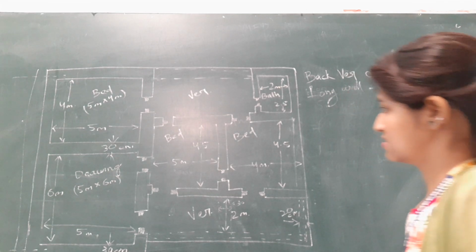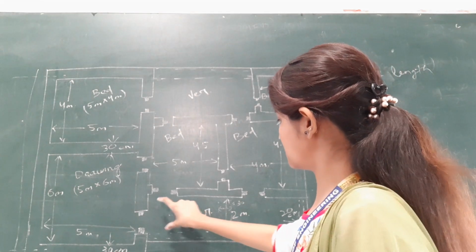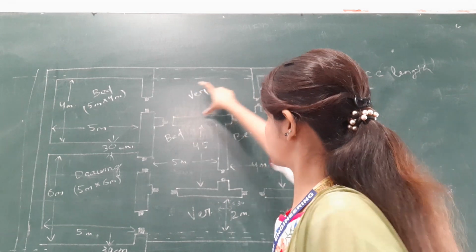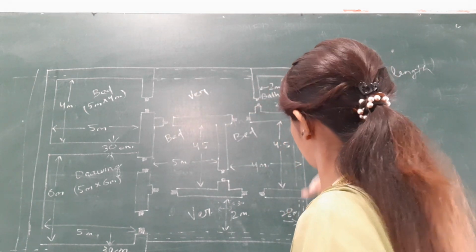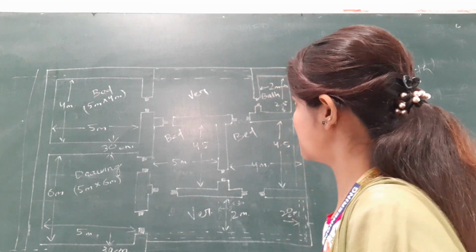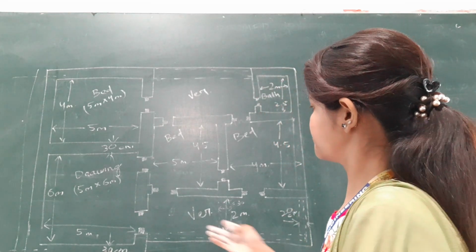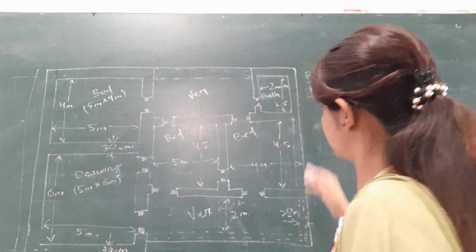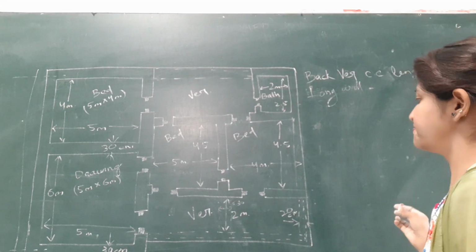So see, this rectangular portion and this rectangular portion and the whole length of the long wall is same, okay. 5, 4, 0.30, 0.20, okay.